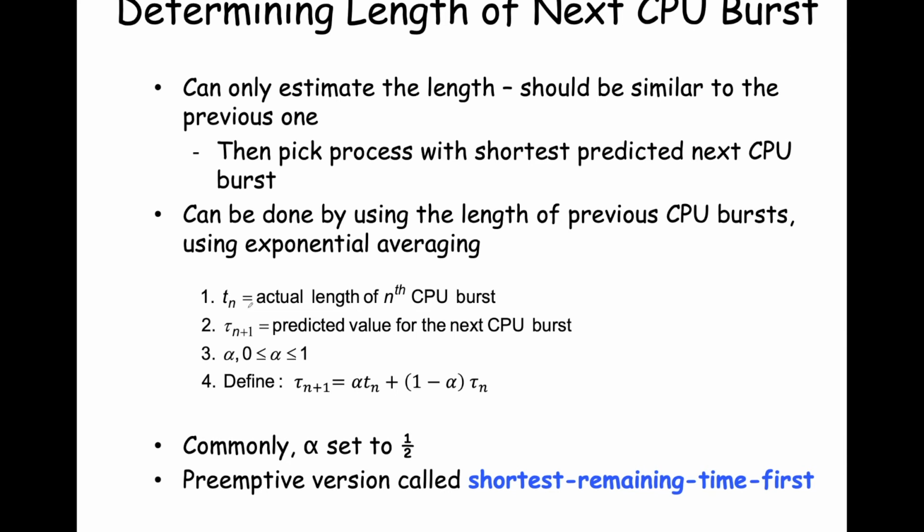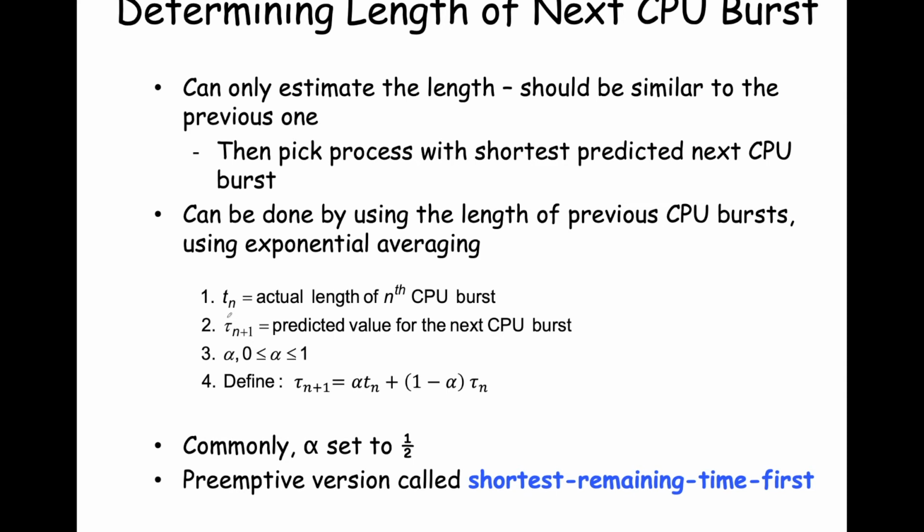Let's define T sub n as the actual length of the nth CPU burst. You ran it, you measured it, you have that status information for the nth burst. What you want to get next is the burst time for the n plus 1th time you're going to run it, that next CPU burst for time step n plus 1.